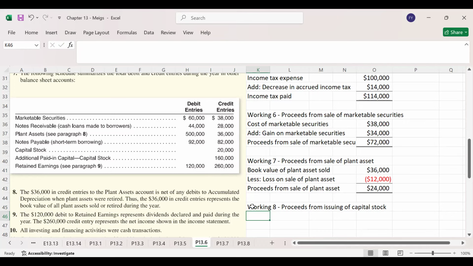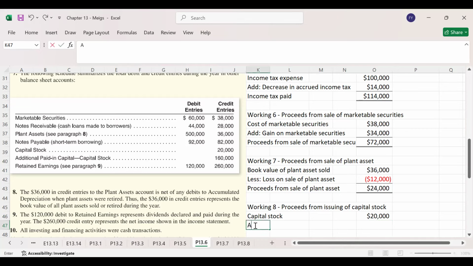One is related with the capital stock, or you can say simply the issuance of capital stock, which is $20,000. Then additional paid in capital. The additional paid in capital represents the share premium.